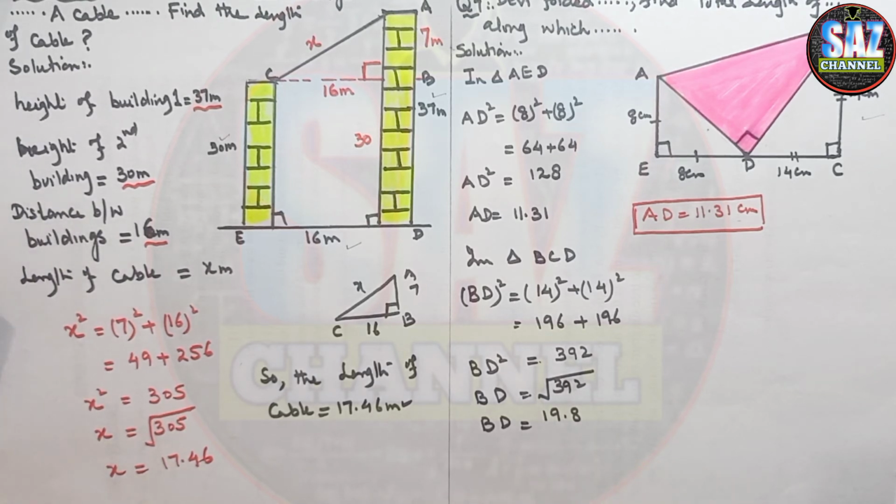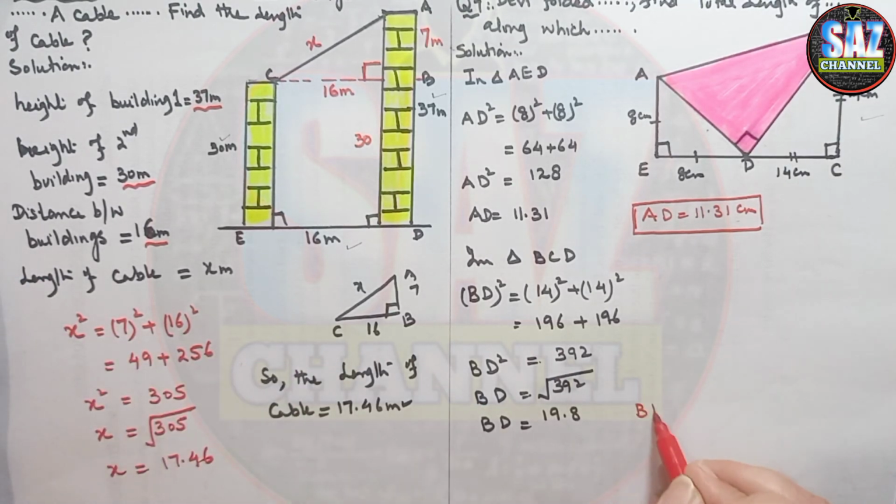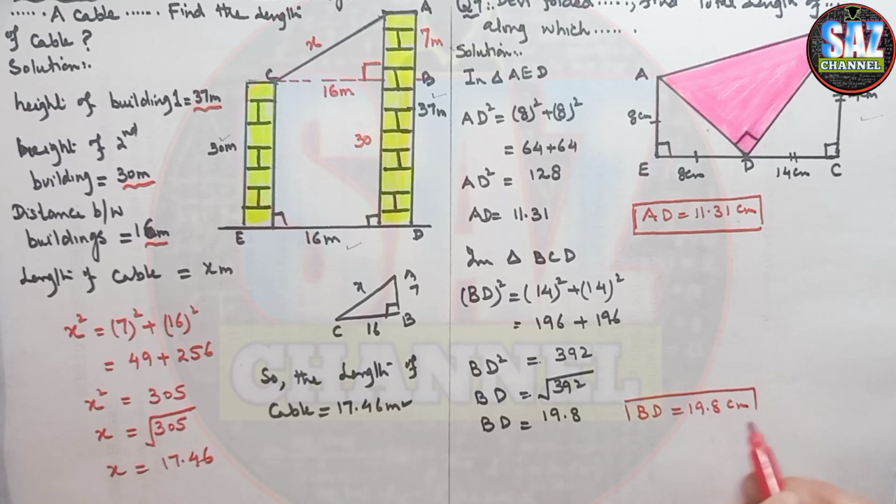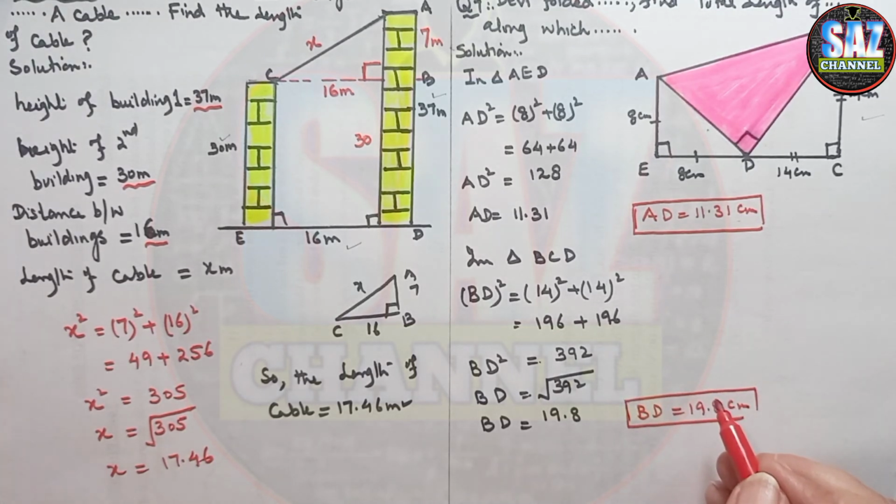So BD, which is the other requirement of the question, is 19.8 centimeter.